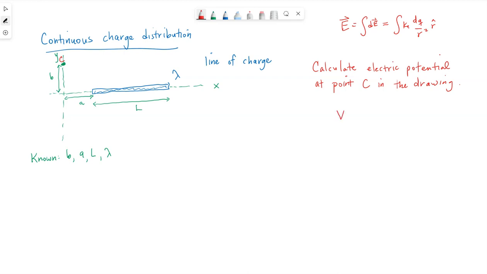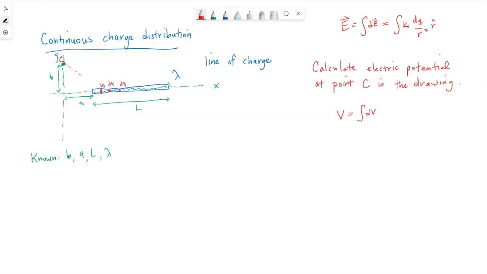Well, this is similar here, but one wonderful thing about it is potential is a scalar. If I come over to my picture and I imagine this line of charge is made up of a whole bunch of little tiny dQs. I'm only drawing a few.